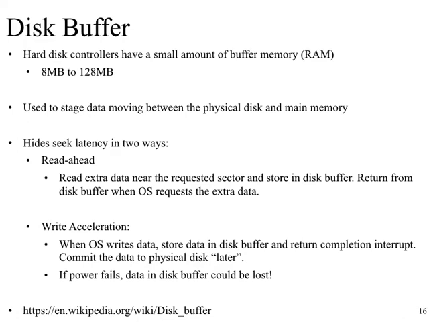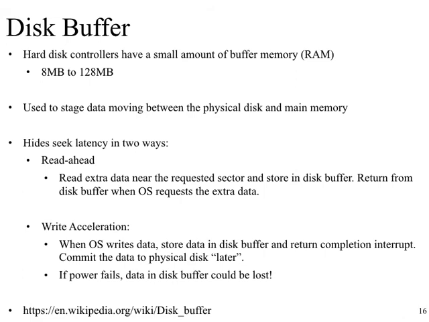So the operating system doesn't have to wait till the data is actually committed to the physical media. The operating system can proceed with other things. You would notice that most hard disks have very low write latency, primarily because the data is simply written to the disk buffer and the operating system can then proceed forward. The data is committed from the disk buffer to the physical media at a later time.